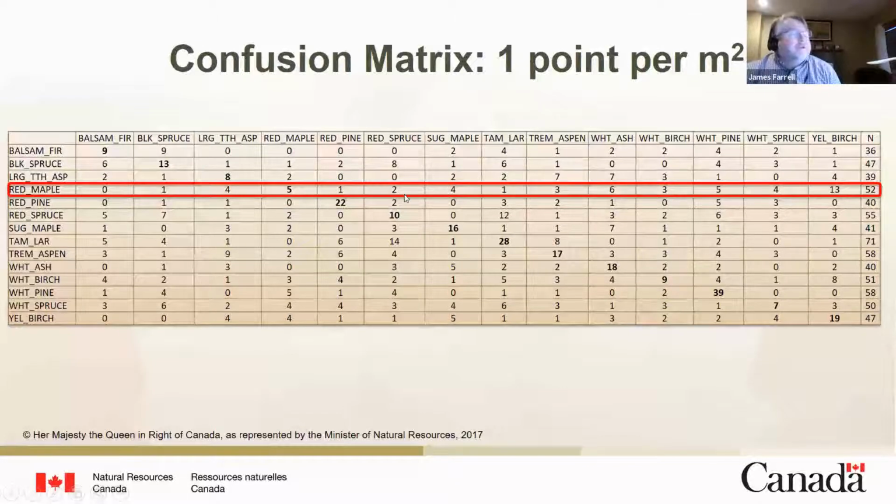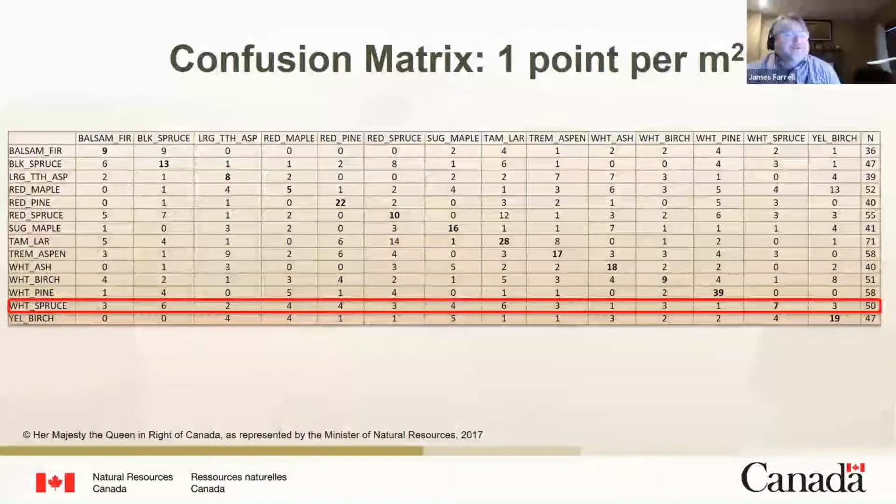So it really got confused with a lot of other species. And also white spruce, 7 out of 50. As you can see, they're really not that great. They get confused with many other species.